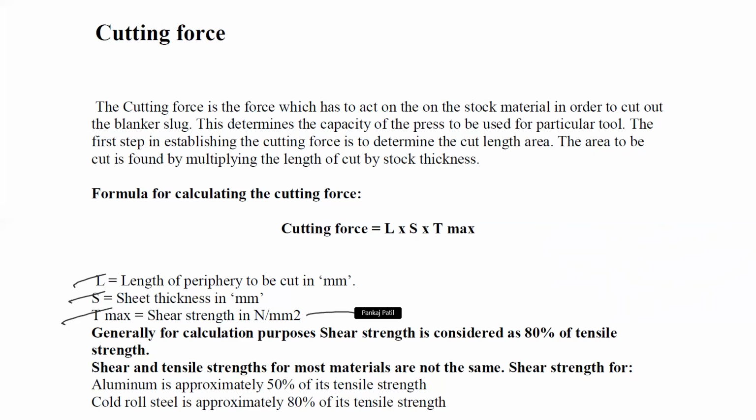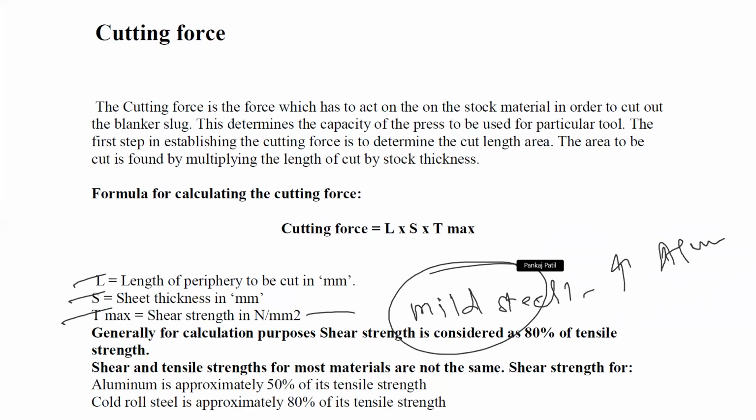So if you consider mild steel, this has higher shear strength as compared to aluminum. The shear strength will be different for different materials.